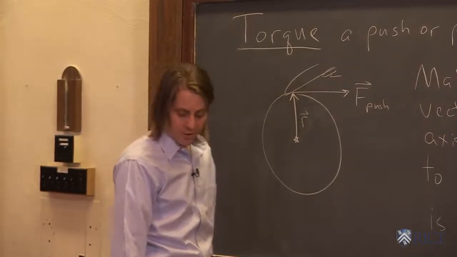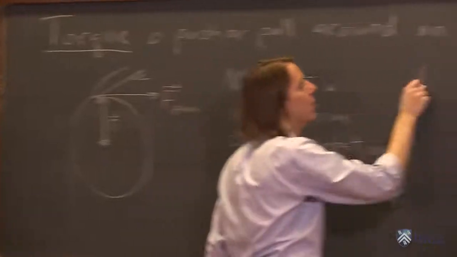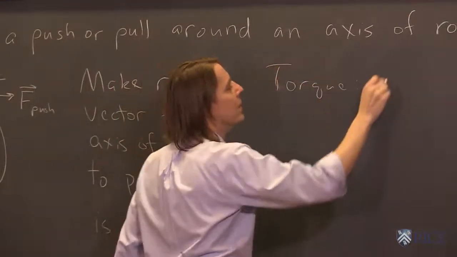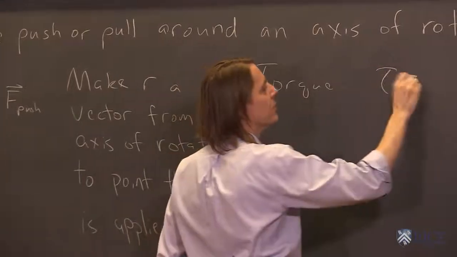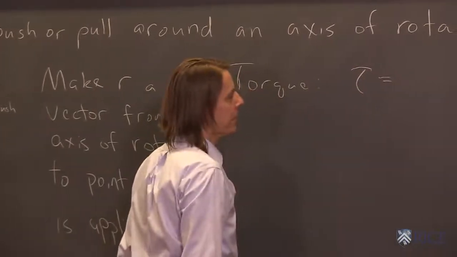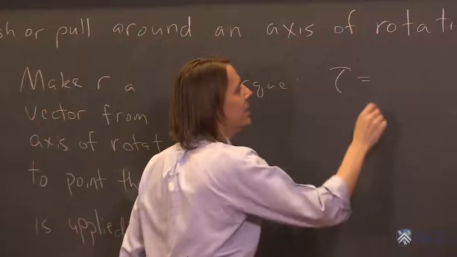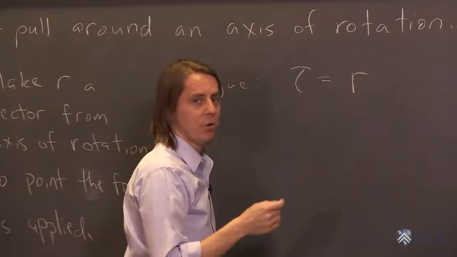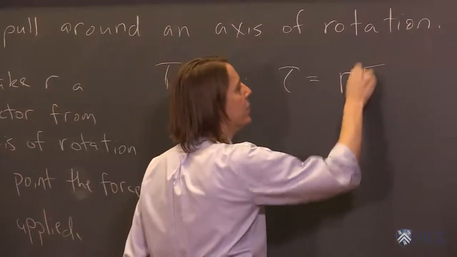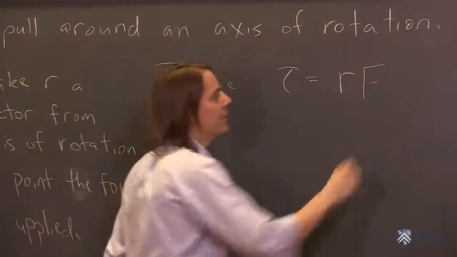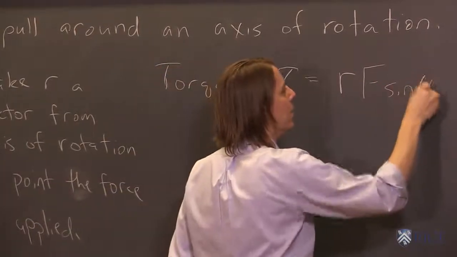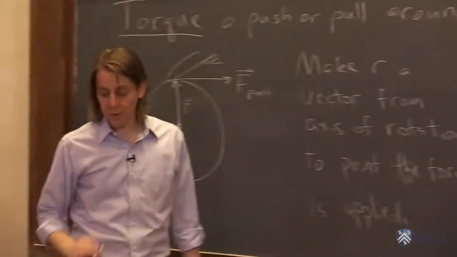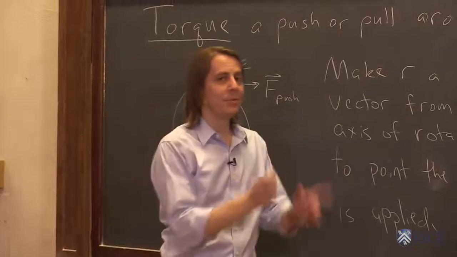So torque then, T-O-R-Q-U-E, torque, tau is the symbol, tau for torque, and it's the magnitude of that radius vector, just plain old r, times the magnitude of the force vector times the sine of the angle between them. Okay? Now, the angle between them means add them tail to tail.